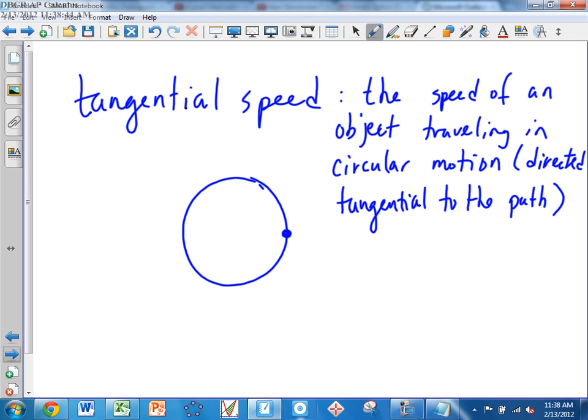Again, you all know what speed is already. Speed is distance over time, so adding the word tangential does not do too much. Here's what we're looking at.